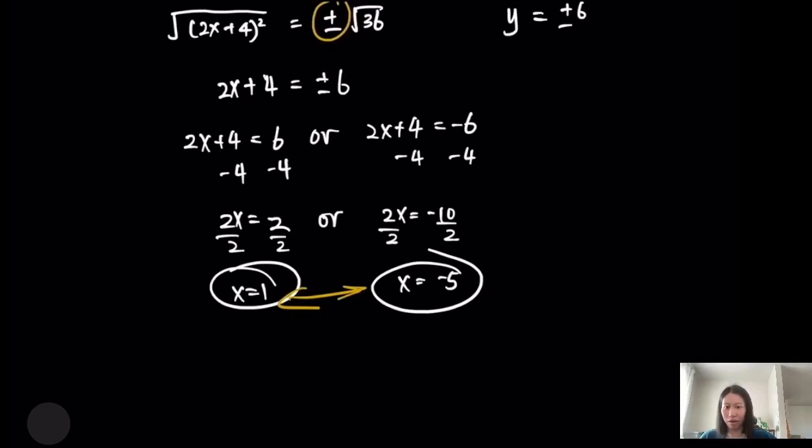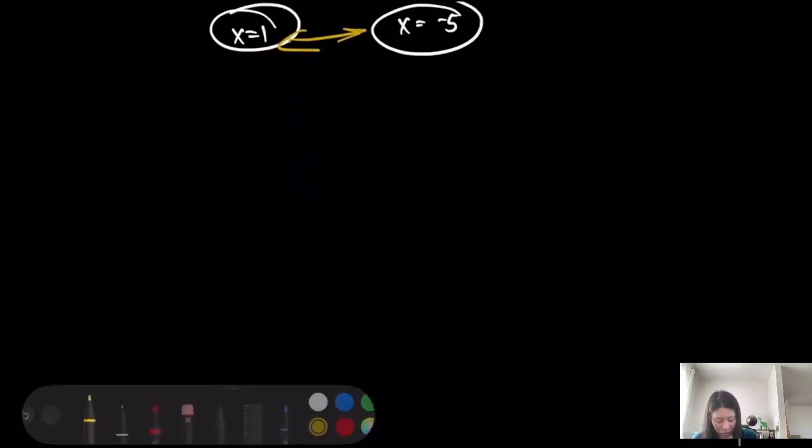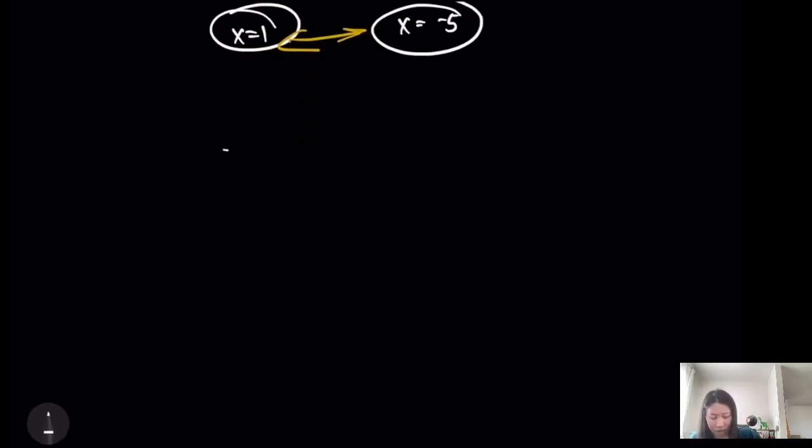Okay, now here I'm going to show another example. For example, I have 6x minus 9 squared equals 45. Now, this is a square. We need to take the square root on both sides. Since square is an even power, you would want to have a positive and negative answer.